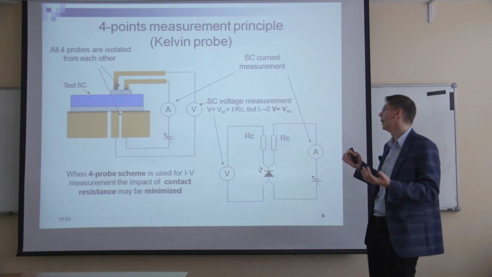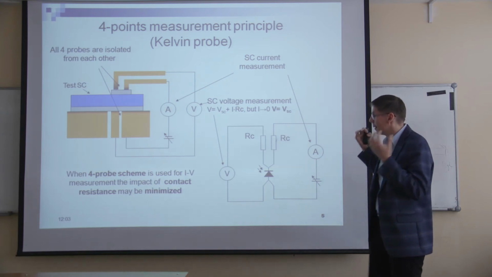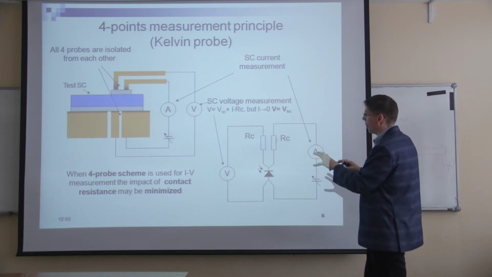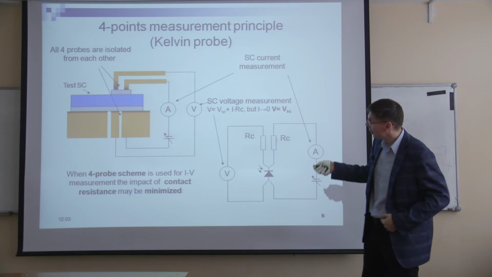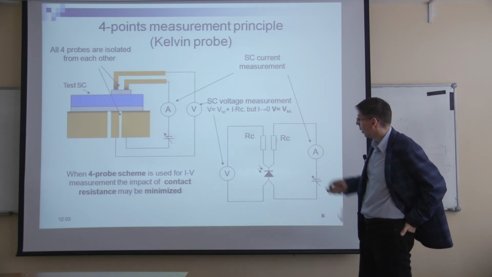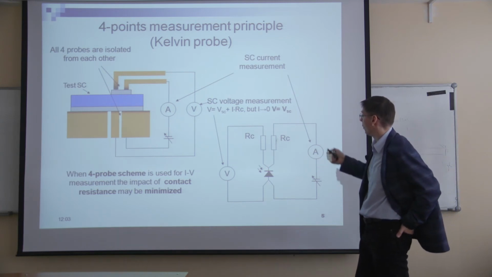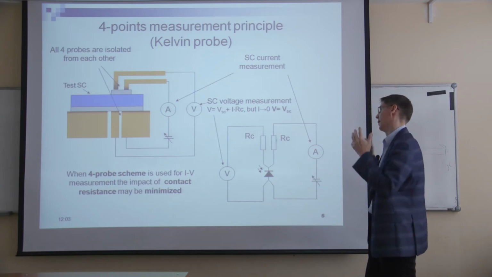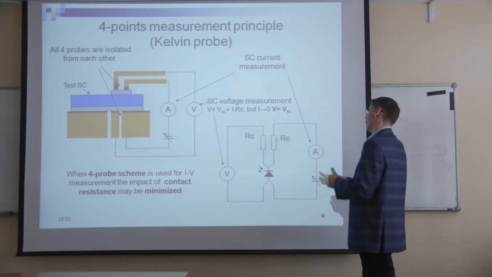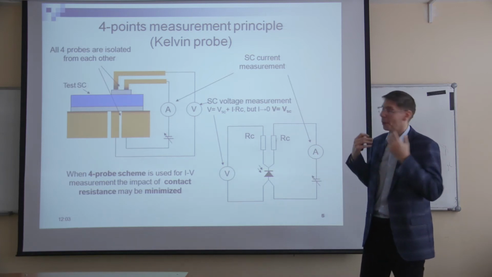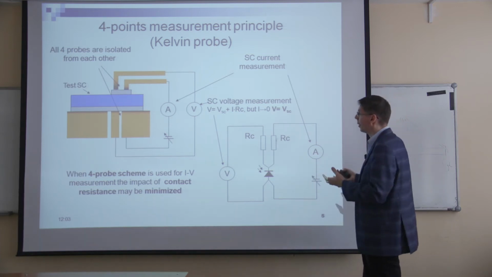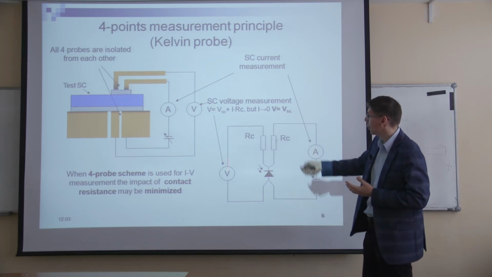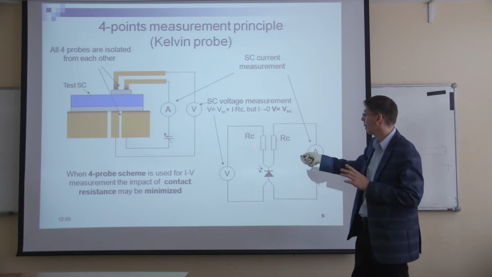So the main idea is that in these 2 separate circuits you have a measurement of the voltage which is correct, because the internal resistance of the voltmeter is quite high. So in this case you have almost no current, so almost no voltage drop.